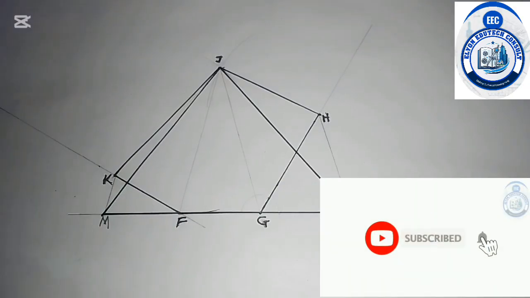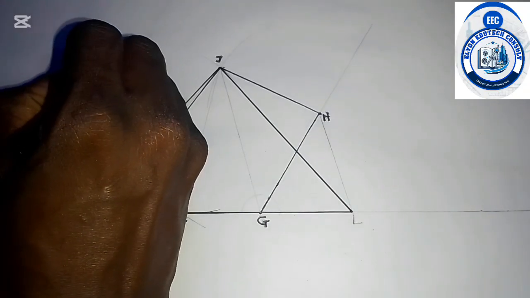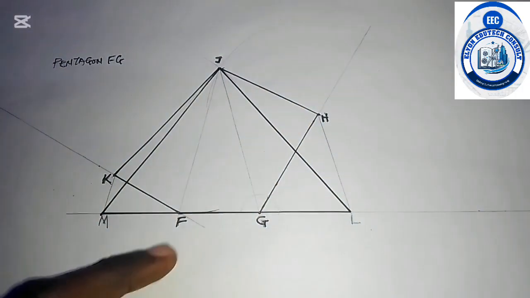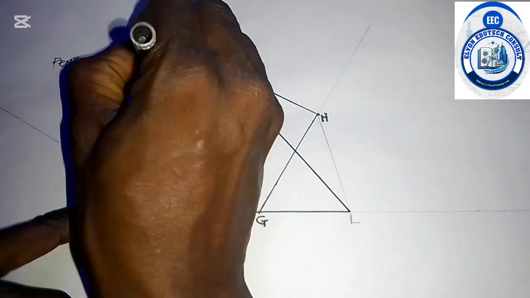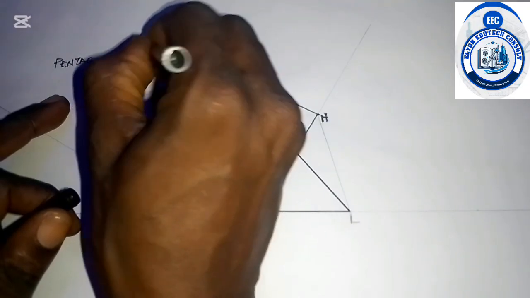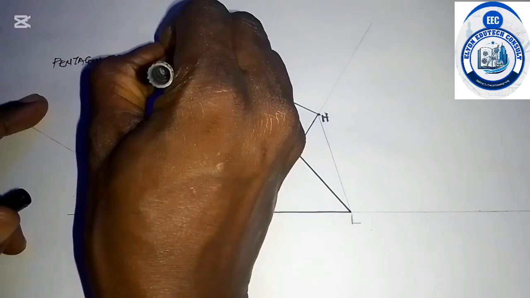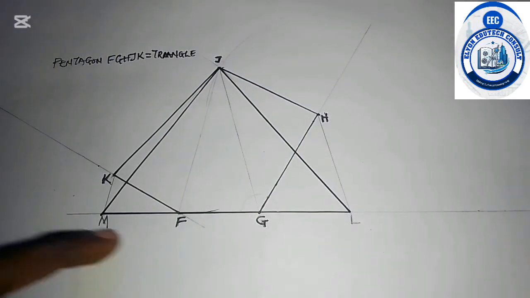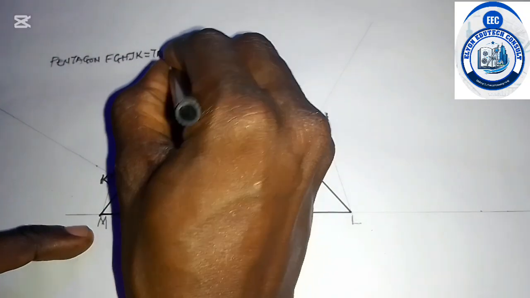So we can say that pentagon FGHJK is equal to triangle MLJ, so triangle MLJ this way.